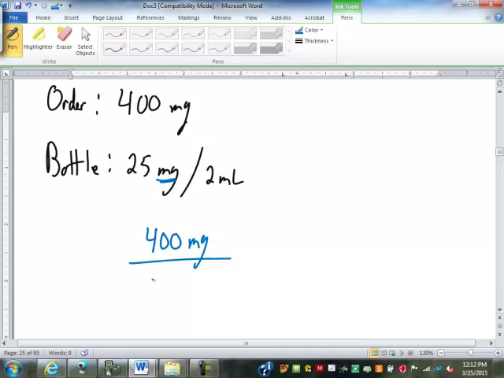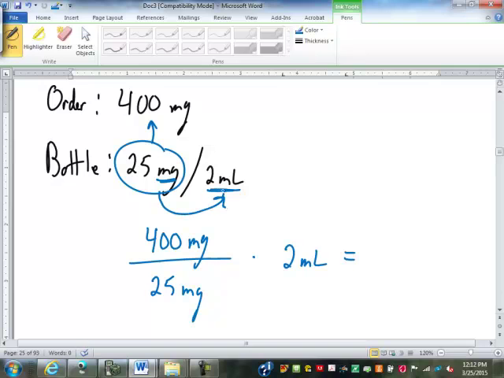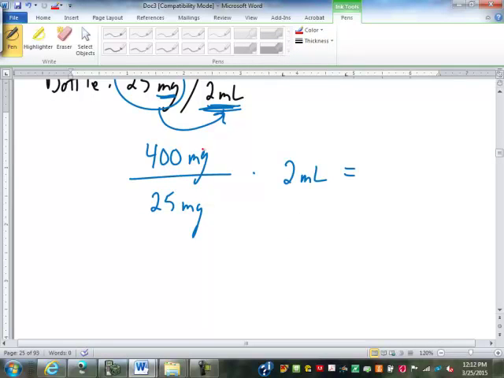The only thing there that's in milligrams is the 25 milligrams, which leaves us with the 2 milliliters that must be the vehicle. Again, that's always been a little bit confusing to me, but you have to look at it as the 25 milligrams is the medication or the amount of medication that matches up with what's ordered. What carries that 25 milligrams to the patient is 2 milliliters of solution. So again, 400 milligrams divided by 25 milligrams. Our milligrams cancel out, and that is what, 16?